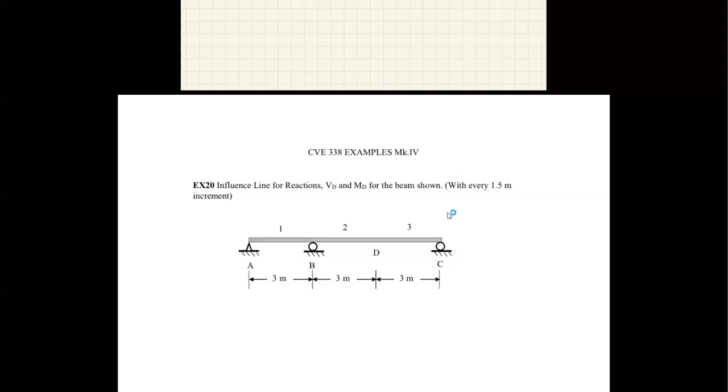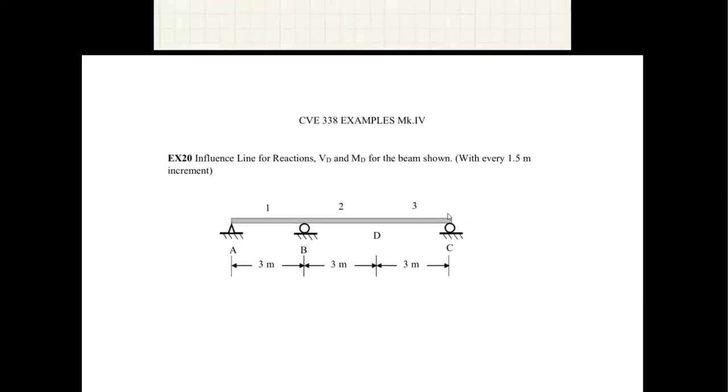Okay, I think the red light is now on, so this is being recorded. So let us jump into the example right away. This is the first one, the typical indeterminate structure with 1 degree of redundancy. That is the support reaction. We will try to obtain the influence line for all the reactions, VD and MD, for the beam.